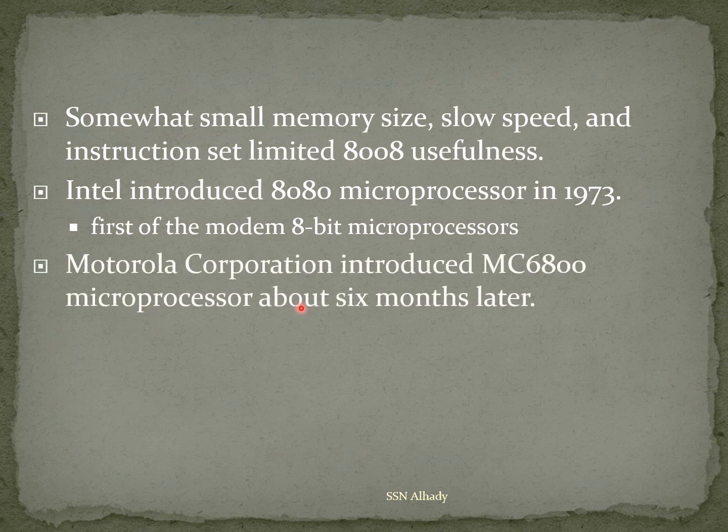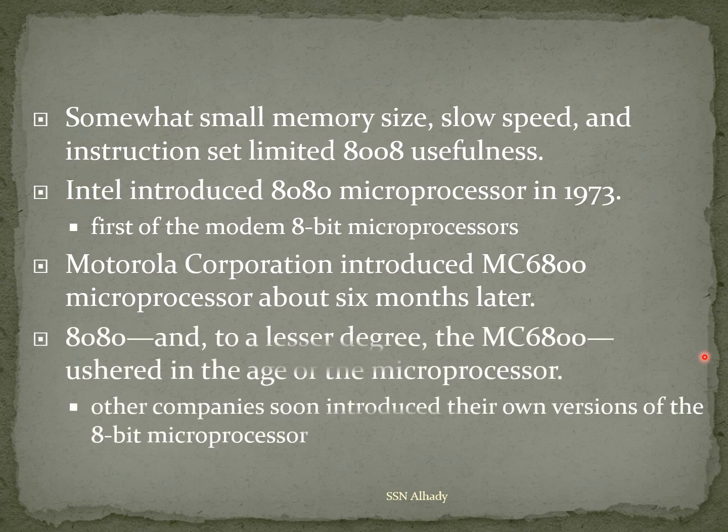Then Motorola also introduced the MC6800 microprocessor 6 months later. They started to develop advanced microprocessors. The 8080 and, to a lesser degree, the MC6800 ushered in the age of the microprocessor.